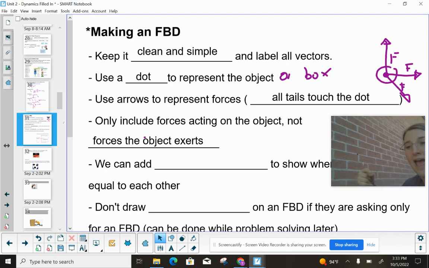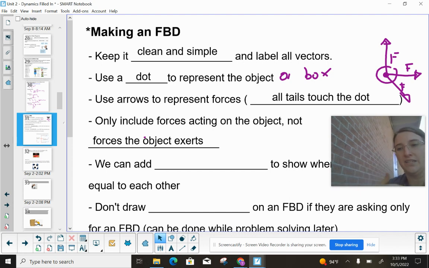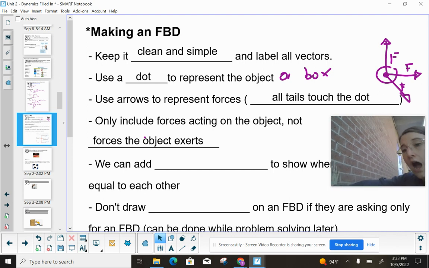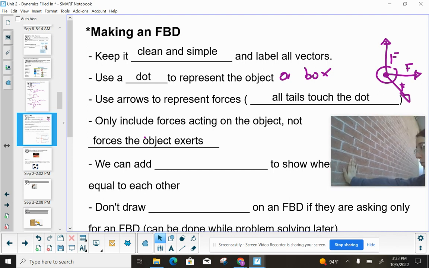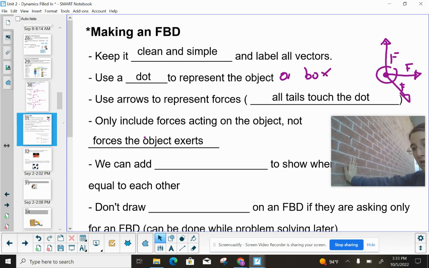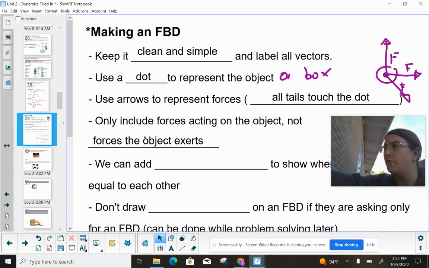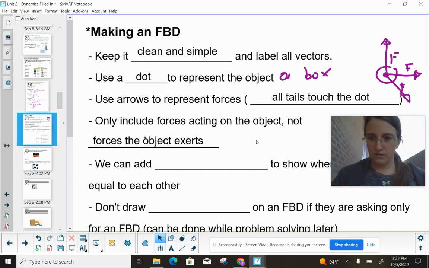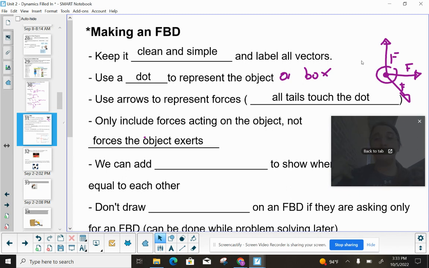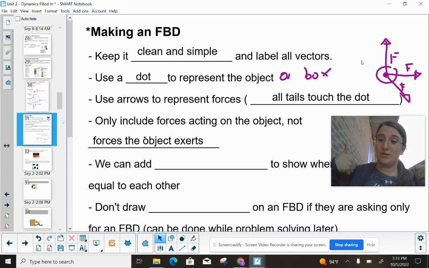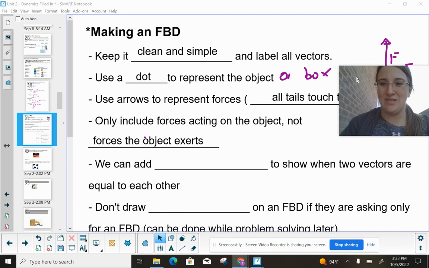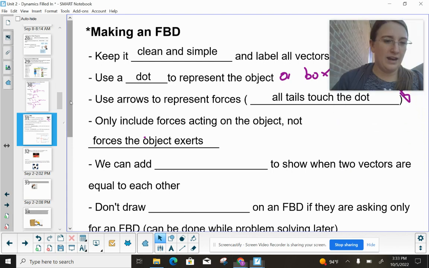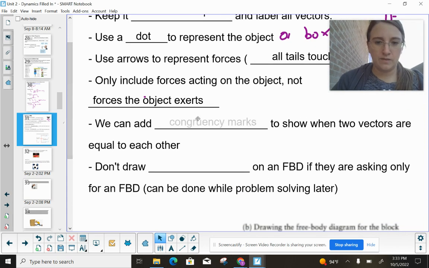But if I am drawing an FBD of the forces acting on me, I would only draw the force of the wall pushing back towards me. I wouldn't draw the force that I am exerting. That's not what an FBD is for. Only forces that are acting on me. So right now, gravity is acting on me. The normal force is acting on me as well. We're going to talk all about that in class. Not any forces that I exert.